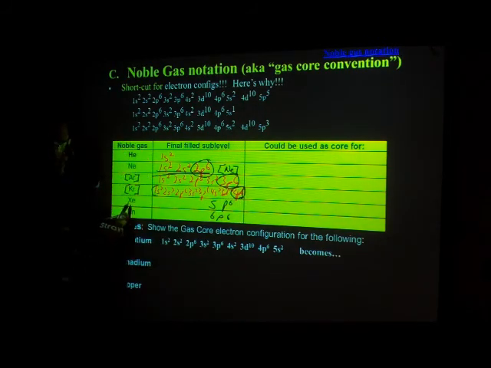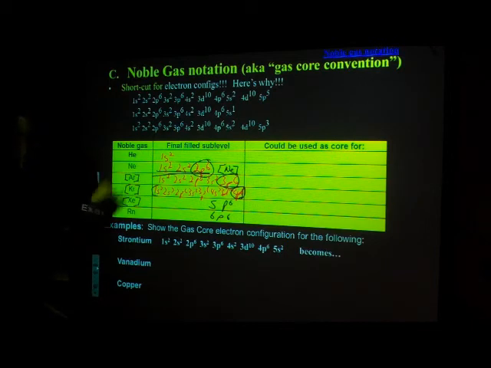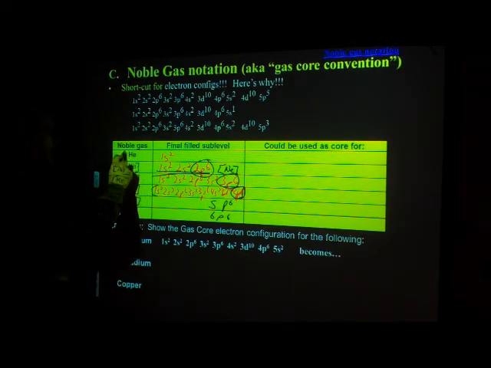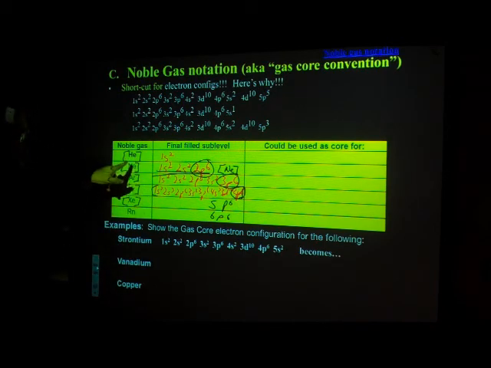Xenon is the same thing, and it ends in a 5p6. So for some atom bigger than xenon and smaller than radon, we can show Xe and then add a little bit onto it. These bracketed symbols are called the gas cores. Helium could be used as a core for anything bigger than helium and smaller than neon.